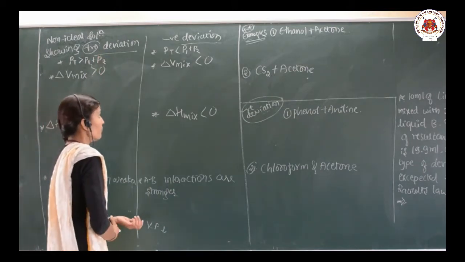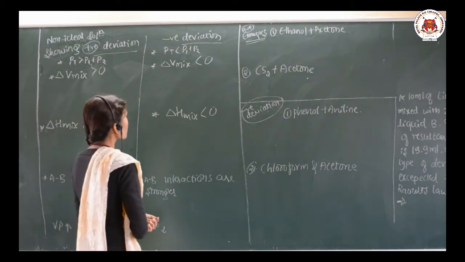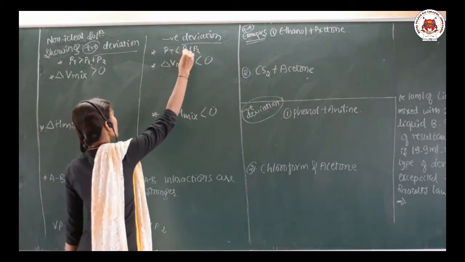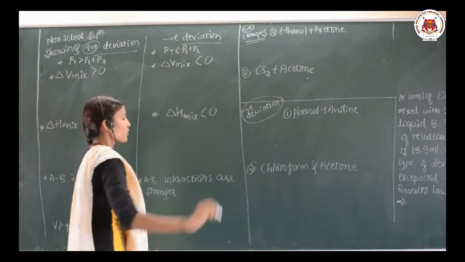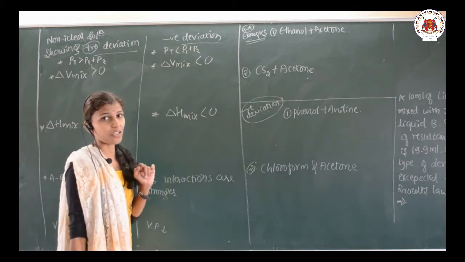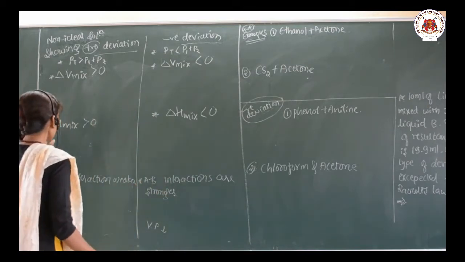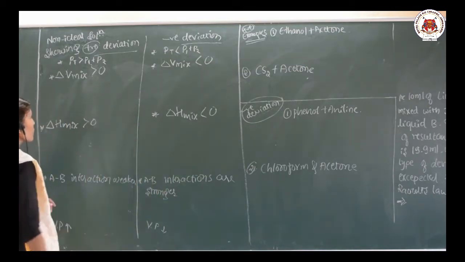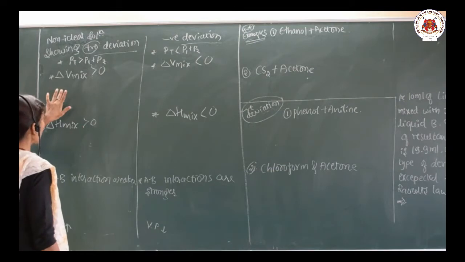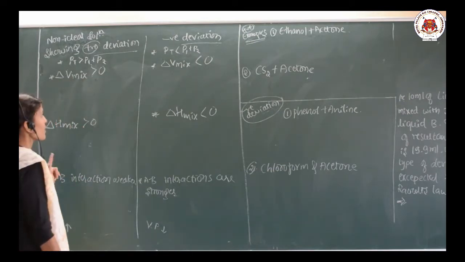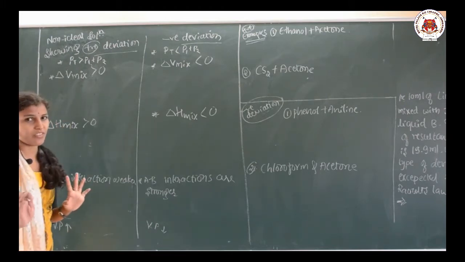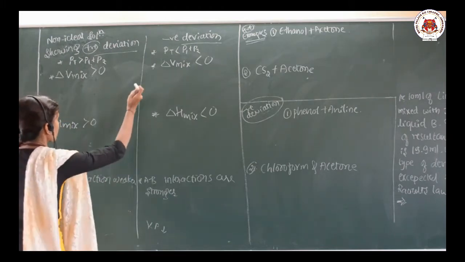In case of negative deviation, the total pressure is lesser than the sum of the partial pressures of component 1 and 2. And in case of positive deviation, delta V mixing is greater than 0. How delta V mixing will be greater than 0, I will explain here.